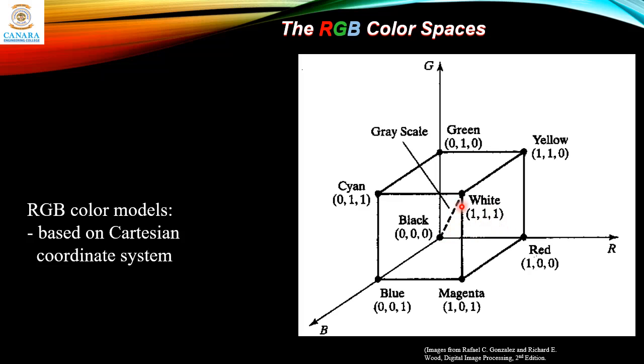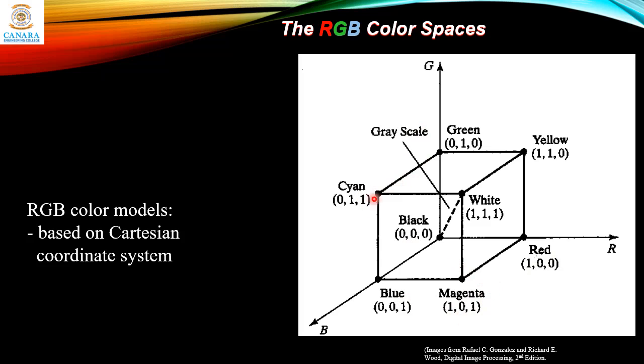The solid diagonal represents the grayscale values. If the value of red is 1 and green is 1 and the blue component is absent, that is represented by 1, 1, 0, and we'll get yellow color. Similarly, if we have blue and red components and absence of green, that will produce magenta.